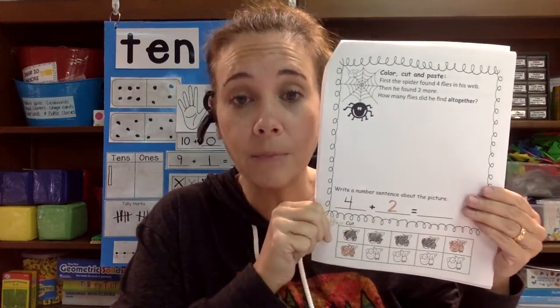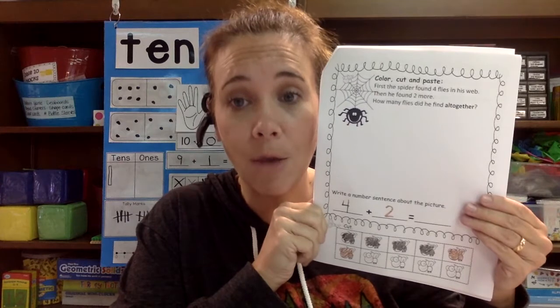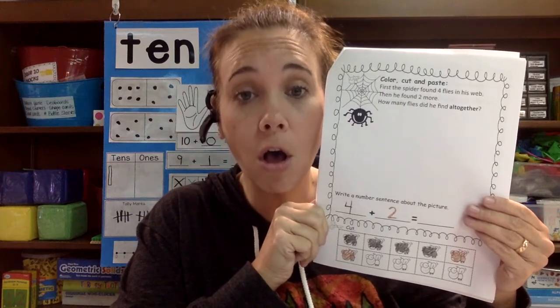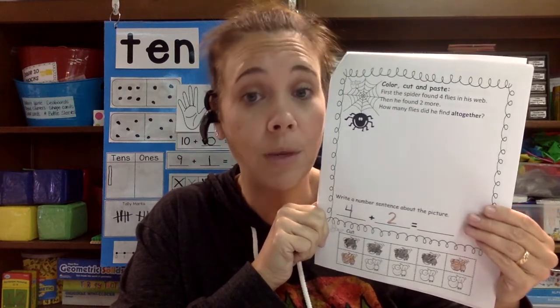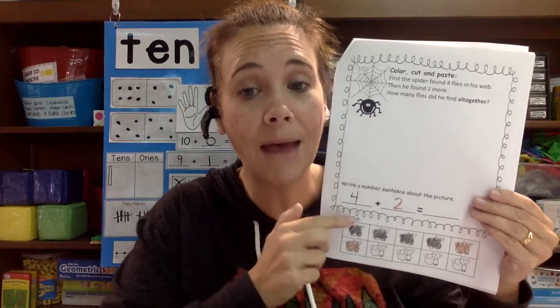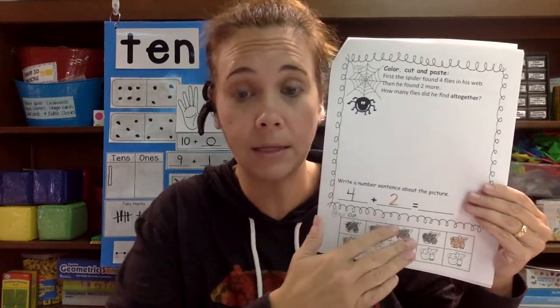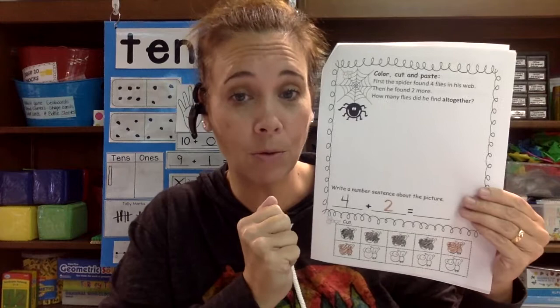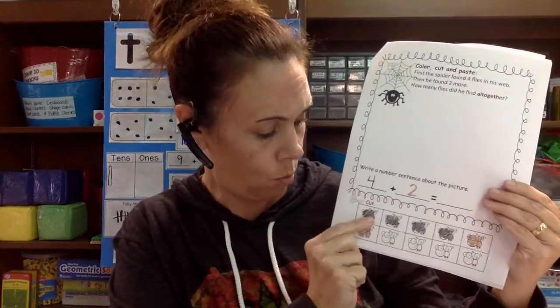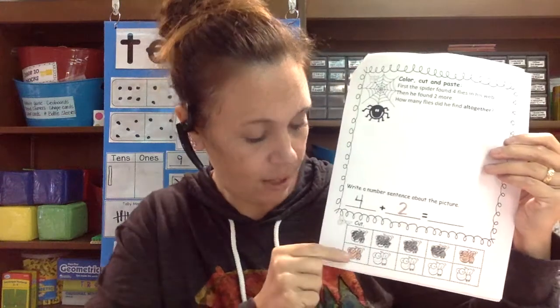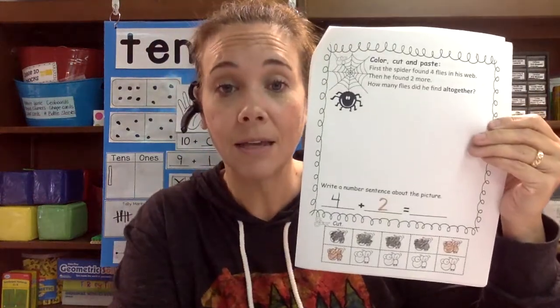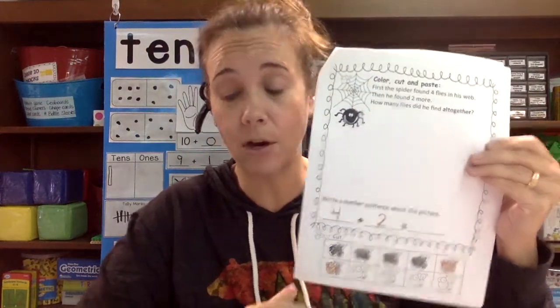Okay, the last part of my problem says, how many flies did he find all together? When we hear the word all together, we know we have to count all of the flies, the black ones and the brown ones. So let's do that. 1, 2, 3, 4, 5, 6. He found 6 flies all together.